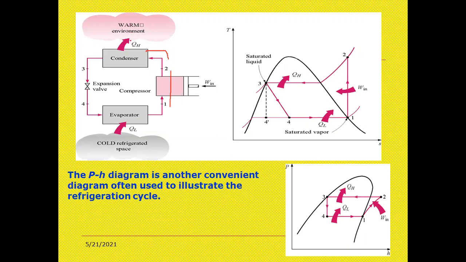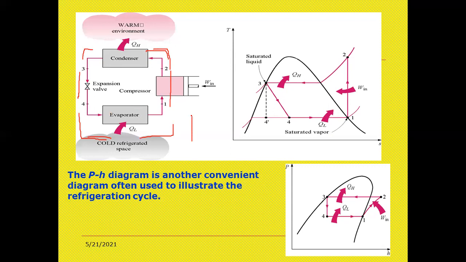From 3 to 4 is the throttling expansion valve. From 4 to 1, what is happening? Here the QL is nothing but the cold refrigerated space, where the cool air is evaporated. So the cycle flows in this process.